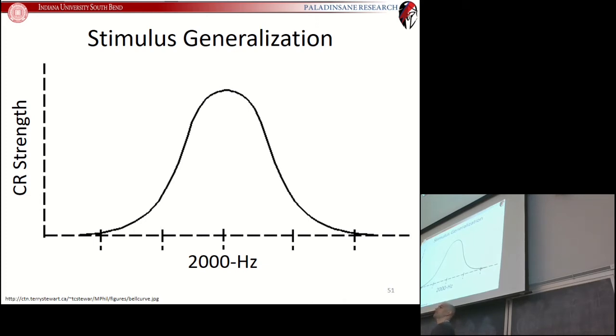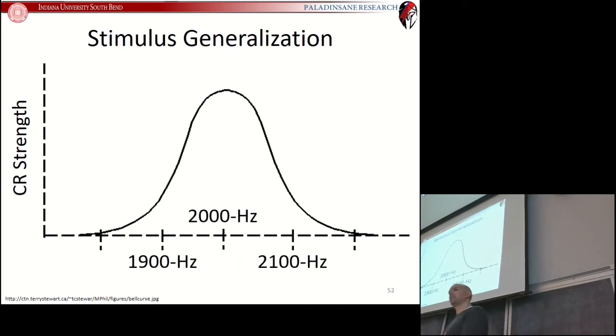So the strongest conditioned response is going to be in reaction to the conditioned stimulus that was used during training. However, other stimuli that are like that conditioned stimulus will also cause a conditioned response. So even though this was never paired with food, and even though this was never paired with food, when you ring them, they'll still cause salivation.